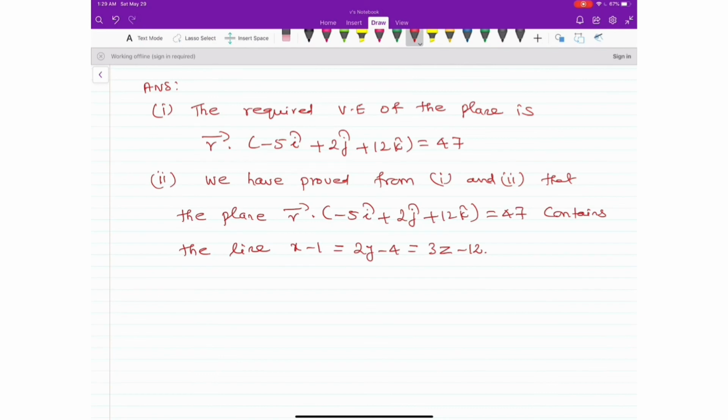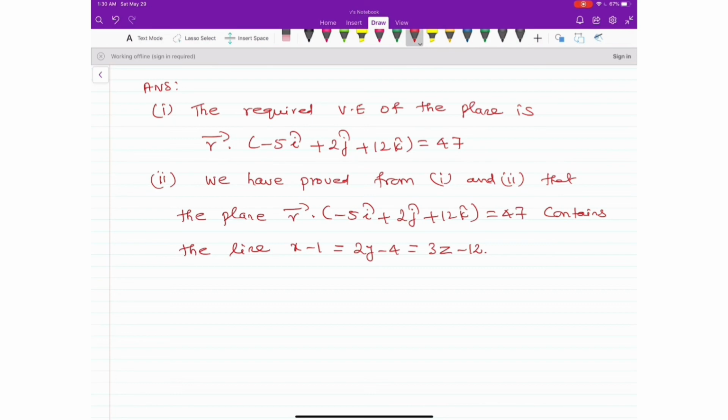With that, we have come to the end of today's session. The two questions that I worked out in today's class are very important as far as the board examination is concerned. The first and foremost point is you have to write the correct equation of the plane by reading the question properly and looking into the conditions that are given to you. Once you write the equation of the plane, the second part is you have to prove that that particular plane contains the given line.